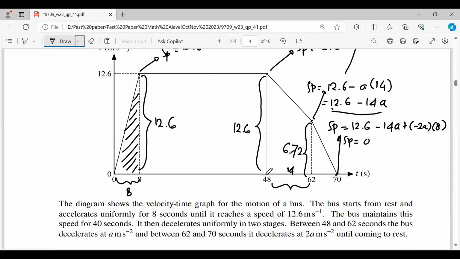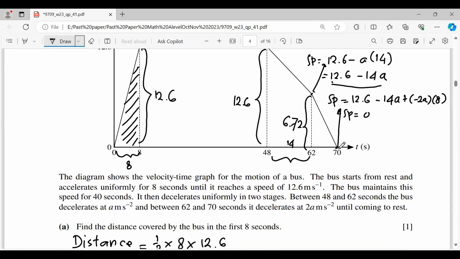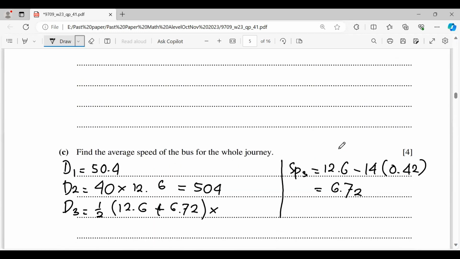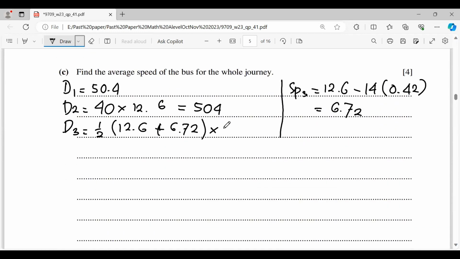Yeah, times 14. I will calculate with my calculator, 135.24.